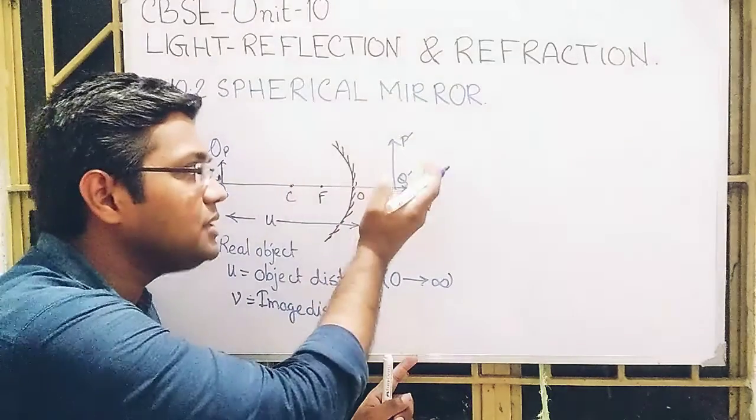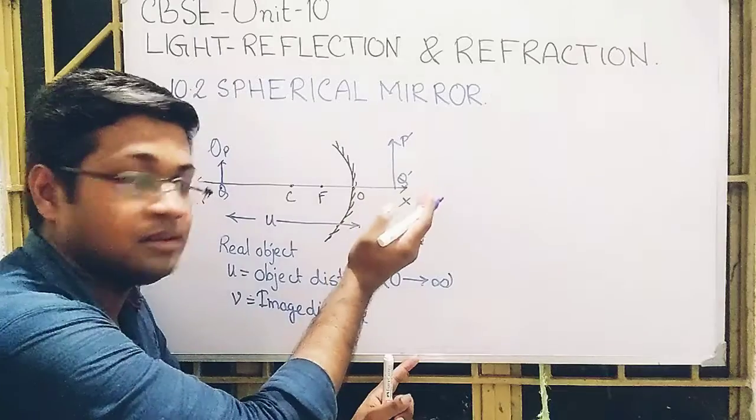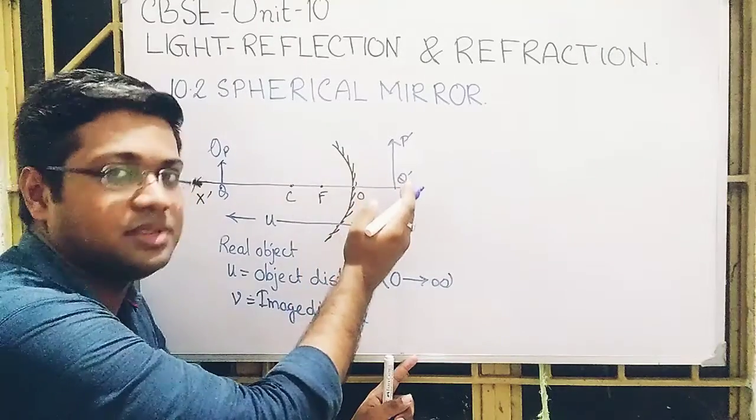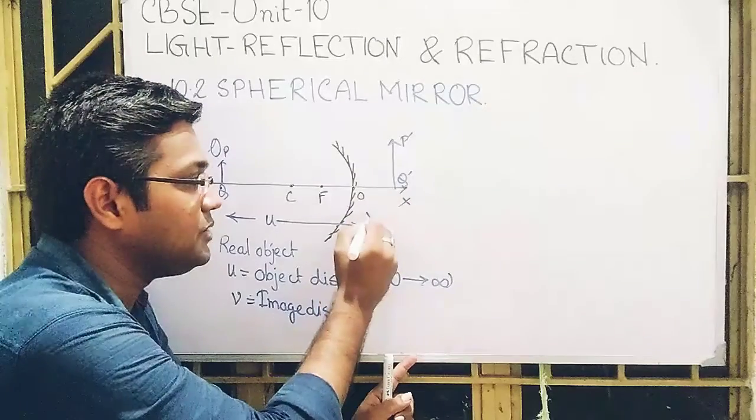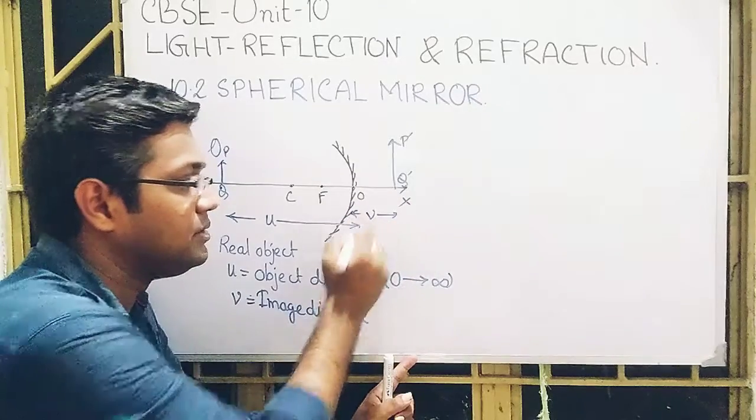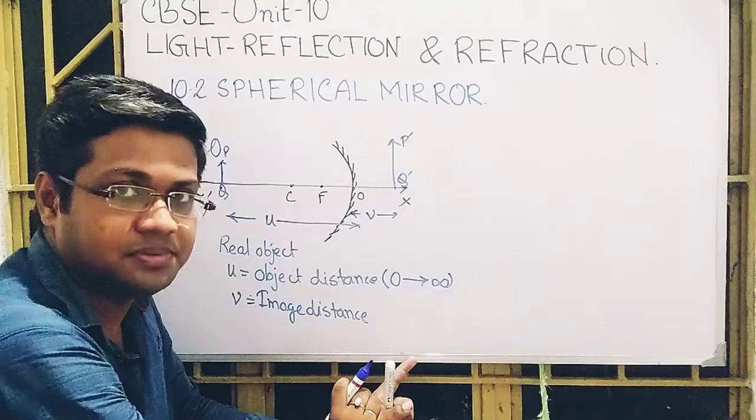If the image is formed on this side, it should be a virtual image, and at that time V is positive.